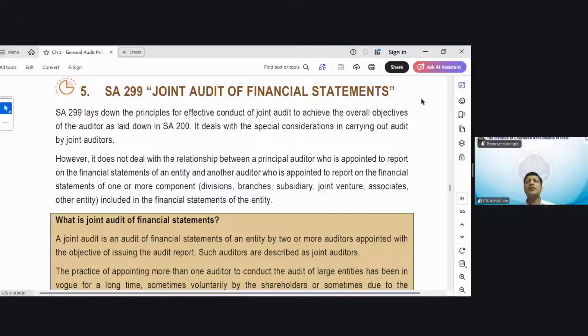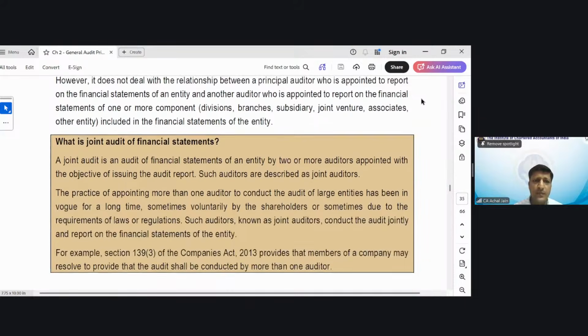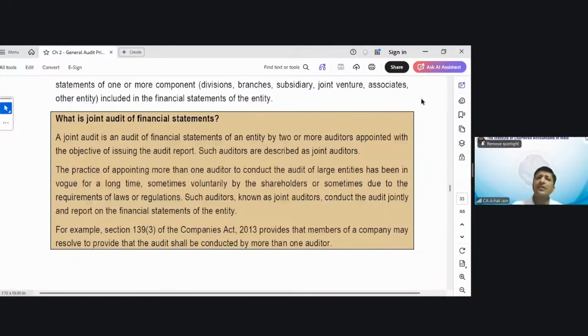Okay. Now, let's talk about the joint audit quickly. Now, what is a joint audit? So we can say it's an audit of financial statements wherein the audit is performed by not a single auditor, but two auditors.